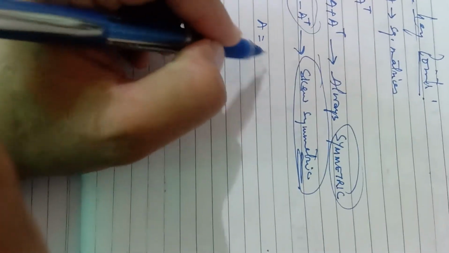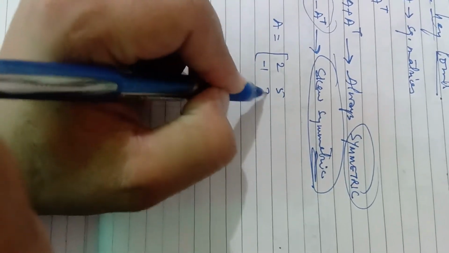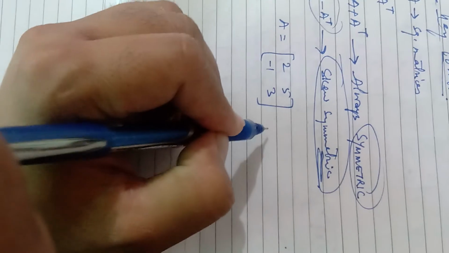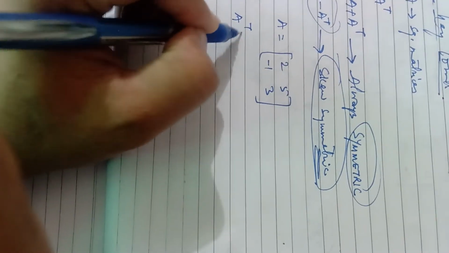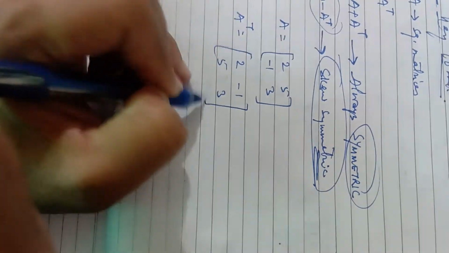Example, I'll take a 2 by 2 matrix. Let A is equal to 2 5, minus 1 3. So what will be A transpose? 2 5, minus 1 3.